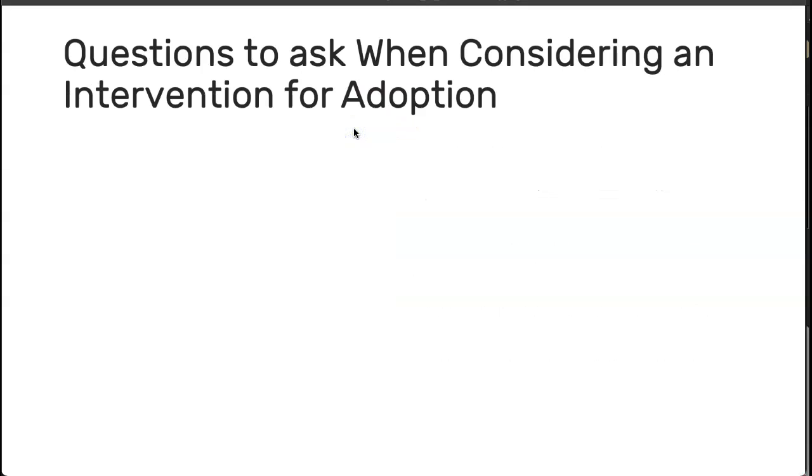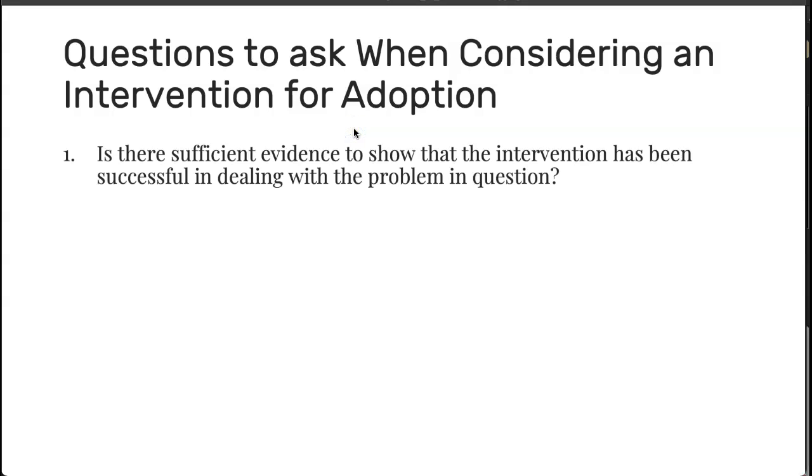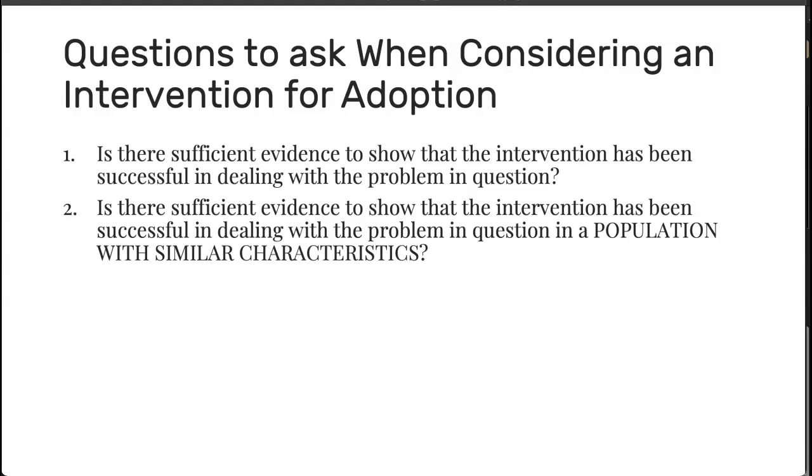Those questions are, first, is there sufficient evidence to show that the intervention has been successful in dealing with the problem in question? Obviously. The second question is, is there evidence to show that it's been successful in a population similar to the one we're working with?